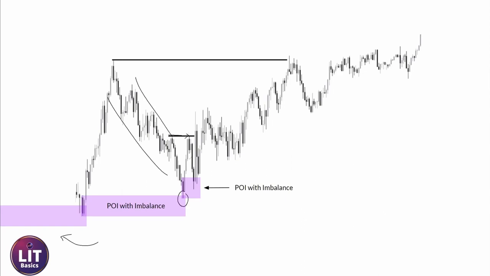Here we look for our break of structure after our cycle has been completed. So break of structure into mitigation, mitigation, mitigation, all of our order flow mitigations. But again, we're not just trading them blindly. That's the important thing.